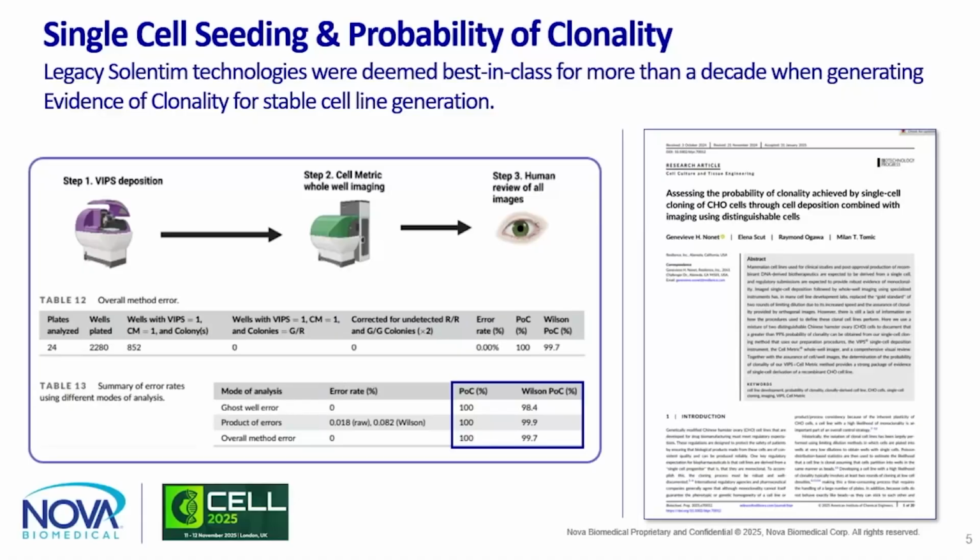These have been validated as one of the most effective ways to respond to the specific regulatory requirements on proof of clonality. Here on the right is an example of a paper by our customer Resilience, and they have achieved 100% probability of clonality with our instruments.